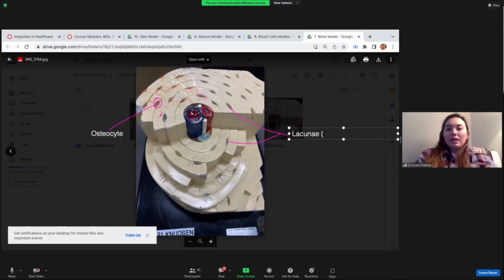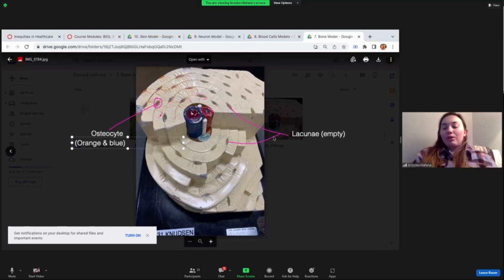So how do you identify the difference on the lab exam? If it's empty, it's the lacuna. And if we're pointing to it and it's full and it's the orange and blue, we want you to identify the cell. Is that clear to everybody? So if we are asking you for the cell, we want this orange and blue. If we're asking you for the lacuna, it's going to be empty without the cell in it.